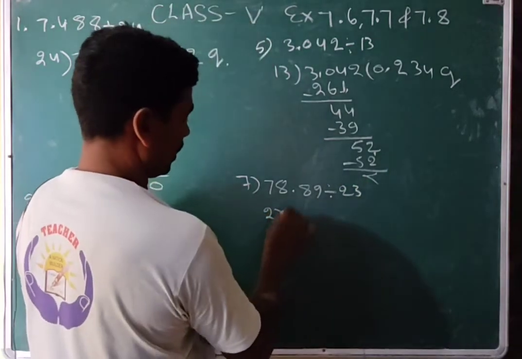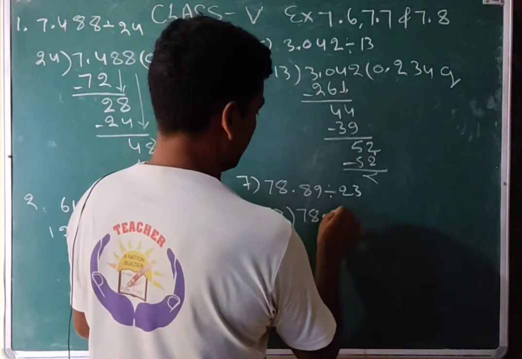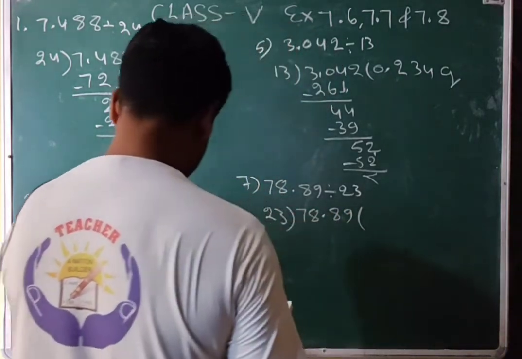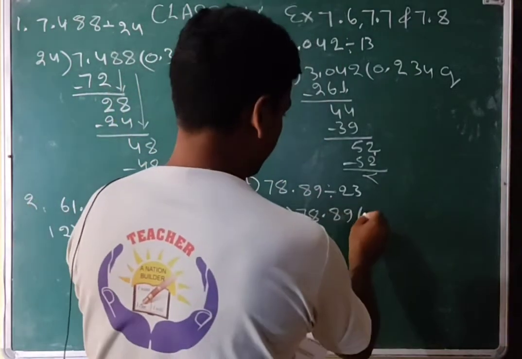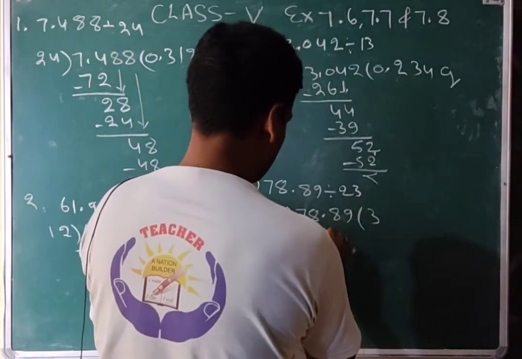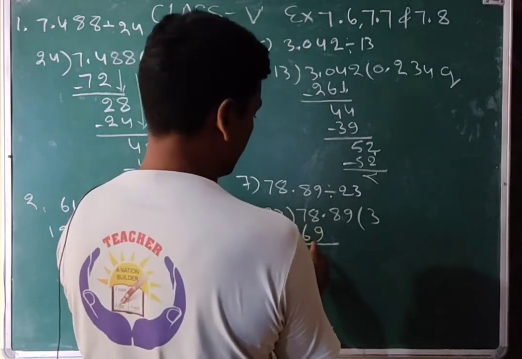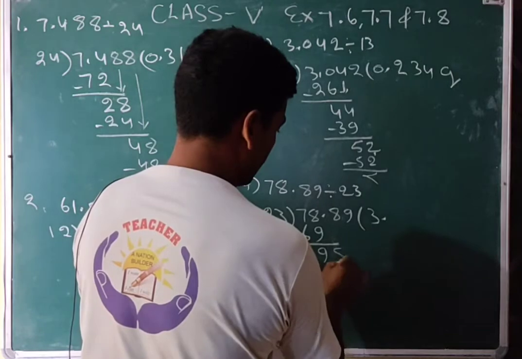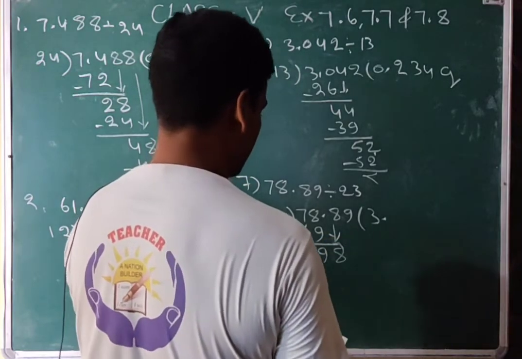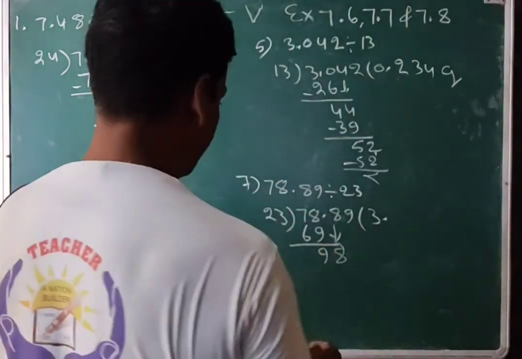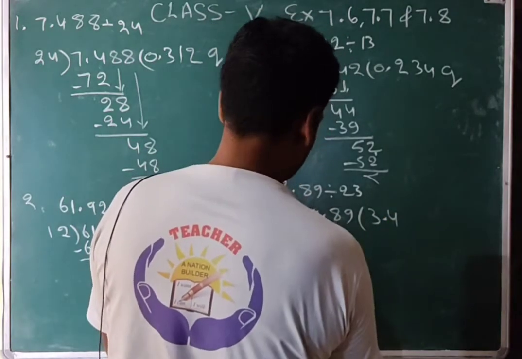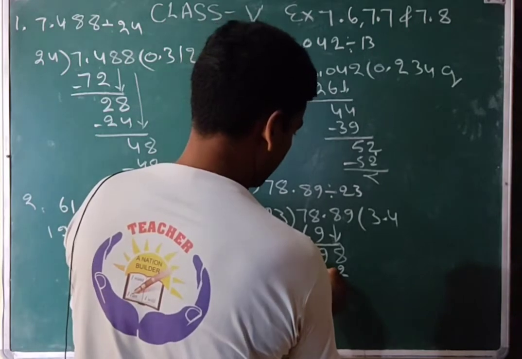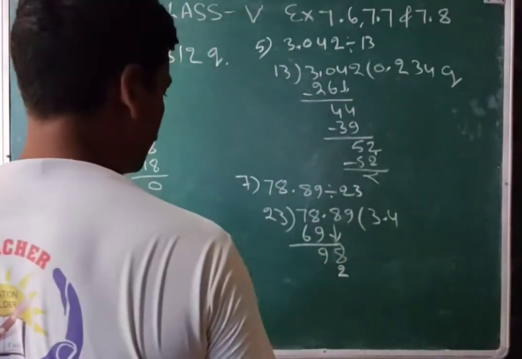So 23 divides 78 point, how many times? 3 times, so that is 69, so 9 is left, then the decimal started, now 8, so 23, that will be 4 ja, 23 4 ja.